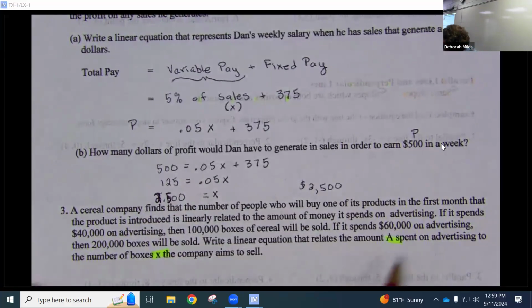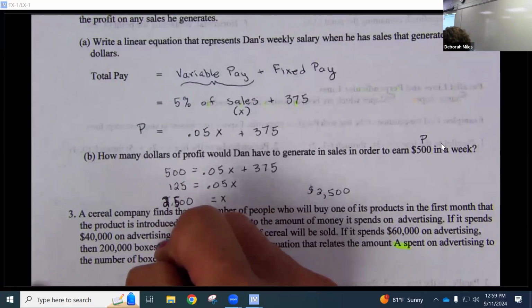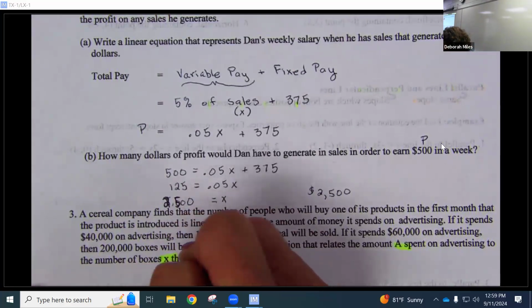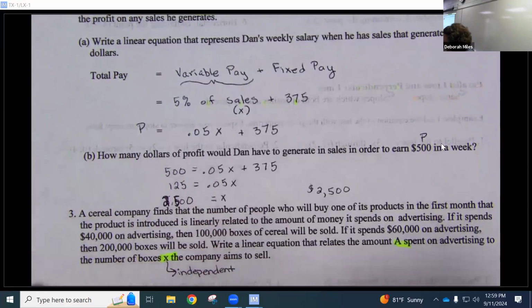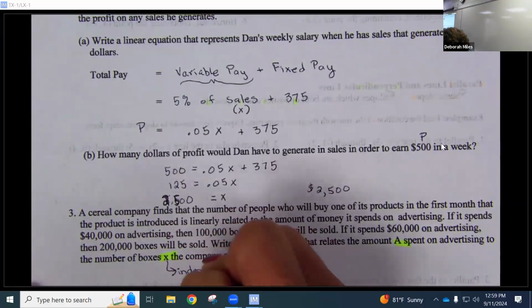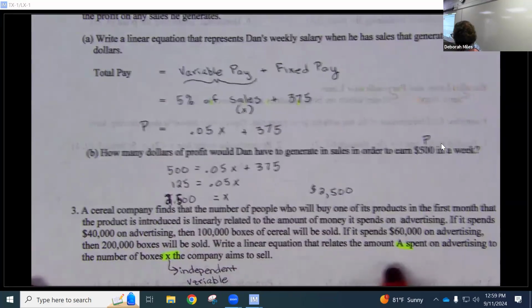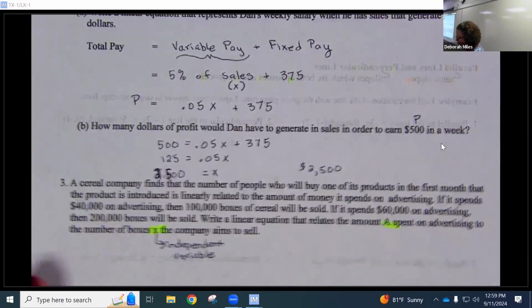The way that's worded, relates A to X, tells me that X is my independent variable. When we talked about functions, we said X is your independent variable and Y is your dependent variable. Well, here A is my dependent variable, X is my independent variable.